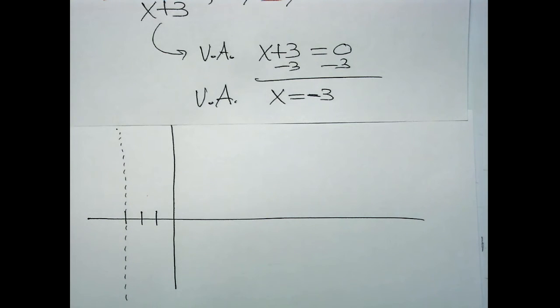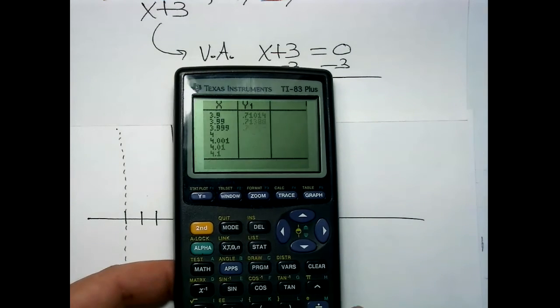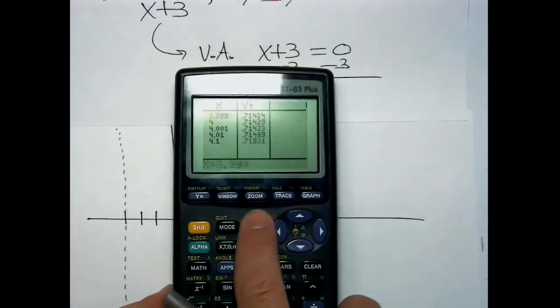Do we follow that vertical asymptote up to infinity or negative infinity? So I'm going to get a little help from my graphing calculator to fill out this table. Now, we already know to stay away from x equals 3. We already know that's a problem. So I'm going to put this into my graphing calculator and make a little table here in the neighborhood of x equals 3. Let's do that.